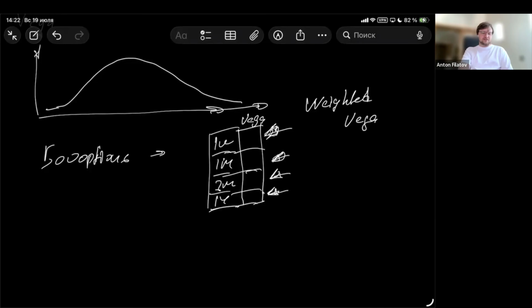Usually it's 3 month or 1 year. Say 1 year Vega will be equal to 1 year Vega. Everything below it will have a multiplier higher than 1, and everything above it a multiplier lower than 1.